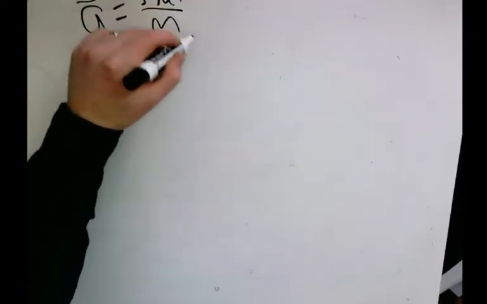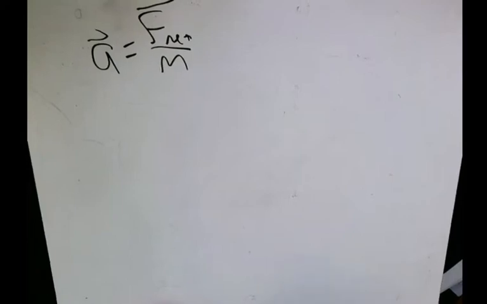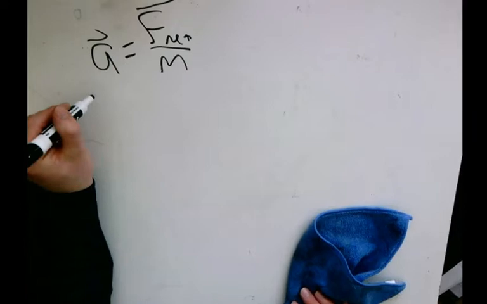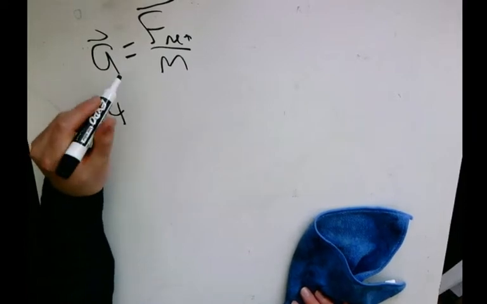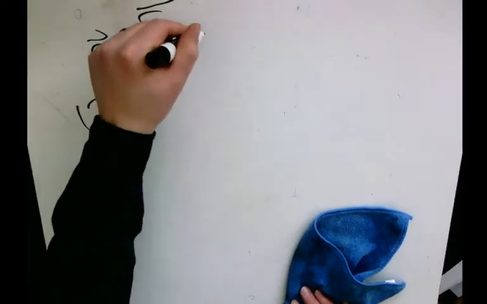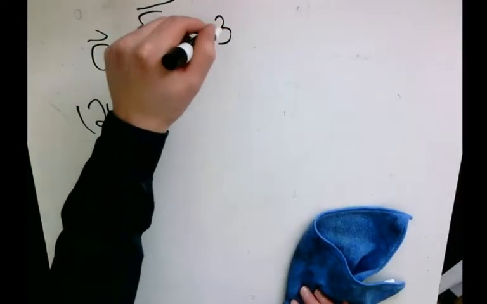When we're doing proportionality, the easiest way to think about it is from our general formula. So we're looking at acceleration, which is starting at 24, and we know that we have to multiply by 3.